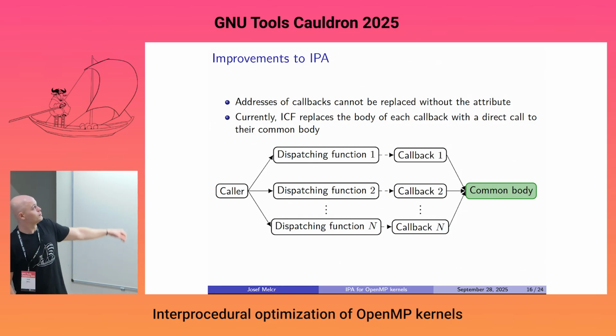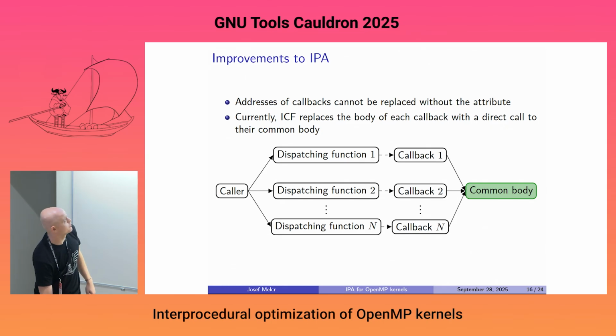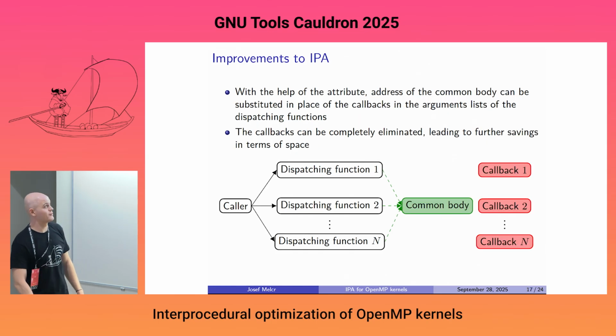So the call graph looks something like this. There is an indirect call from the dispatching function to the callback, and then a direct call to the common body. But now, because we can replace the address in the call itself, we do get rid of that direct call. So the common body is actually being called indirectly.